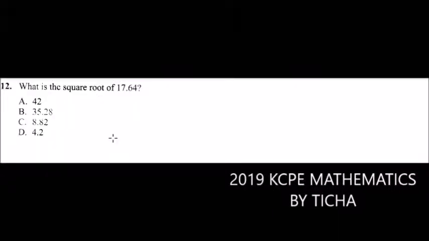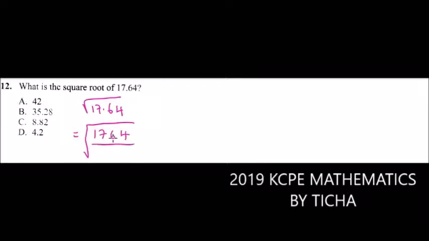Question number 12, we are told, what is the square root of 17.64? So for us to get that, we can write it as the square root of 17.64, which we can modify and write as the square root of 1764.